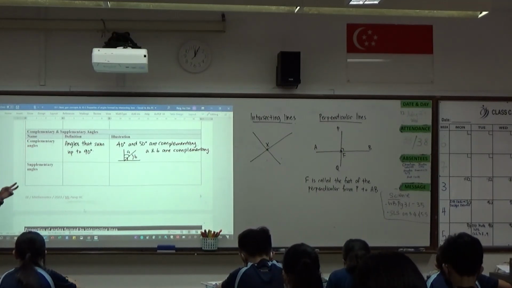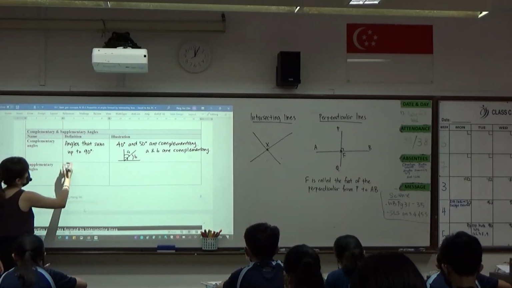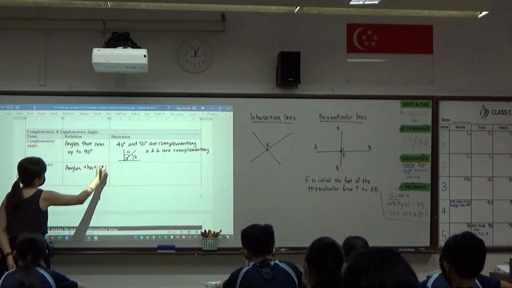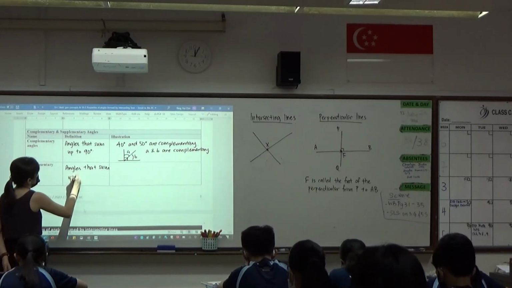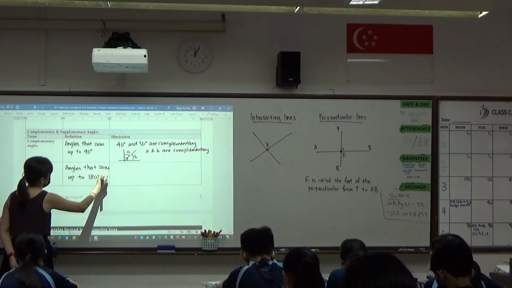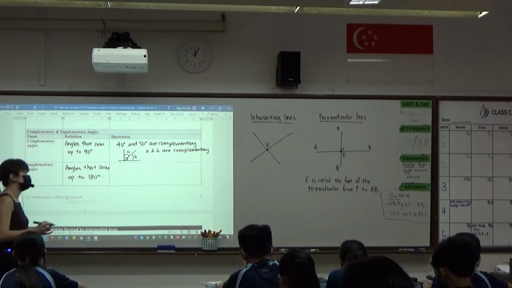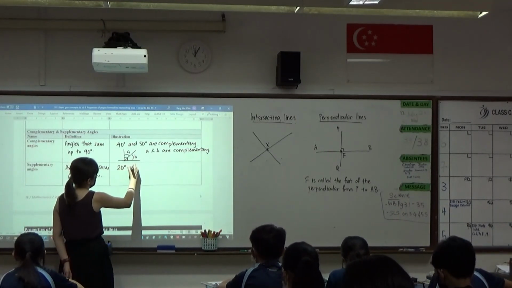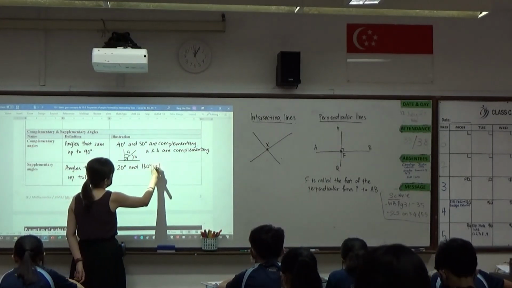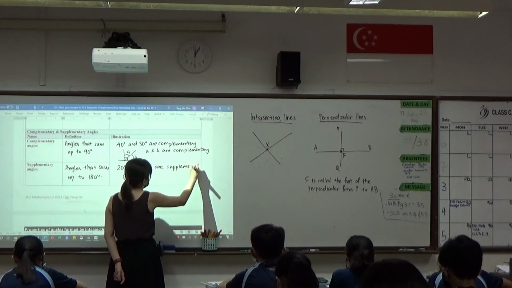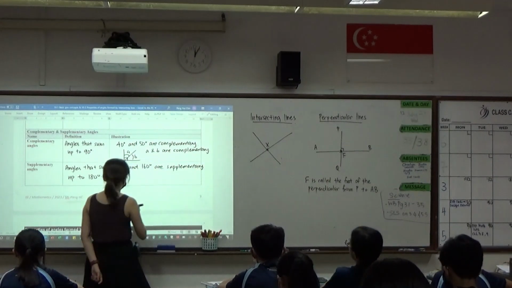Supplementary is not exactly the reverse, but the other special number. They are angles that sum up to 180 degrees. For example, I can have 20 degrees and 160 degrees. They are supplementary.